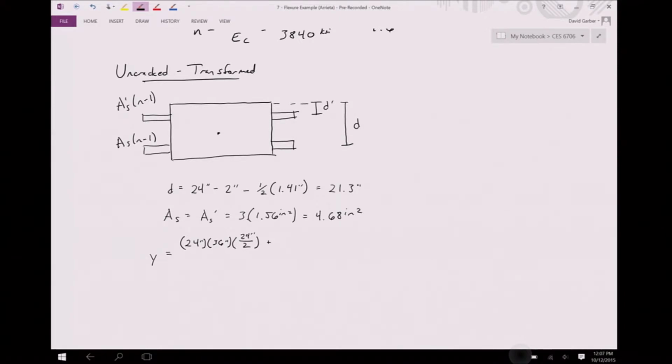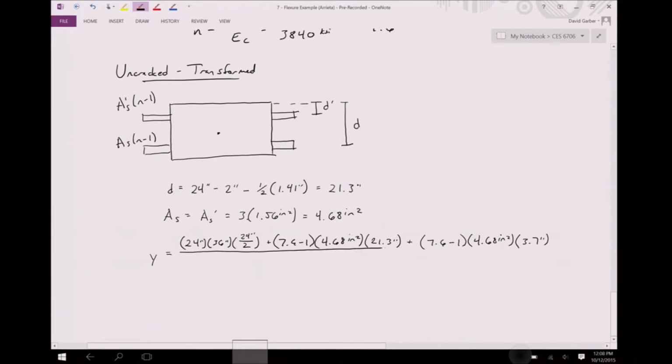The lower steel, so we'll transform it, so 7.6 minus 1 times our AS, 4.68, times 21.3 inches, and then adding in our compression steel, 7.6 minus 1 times 4.68 times 3.7 inches, which we found above.